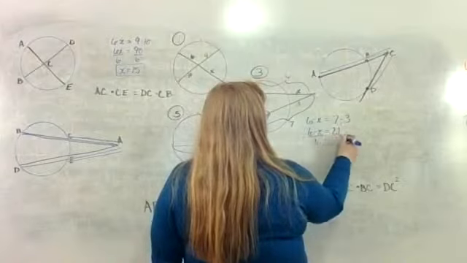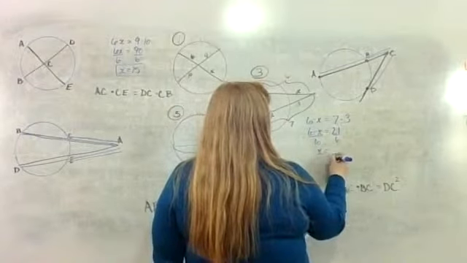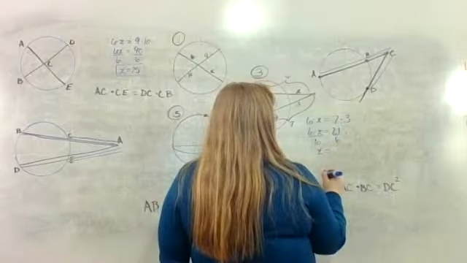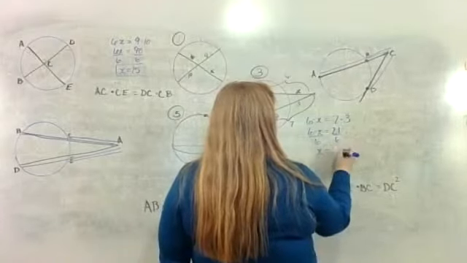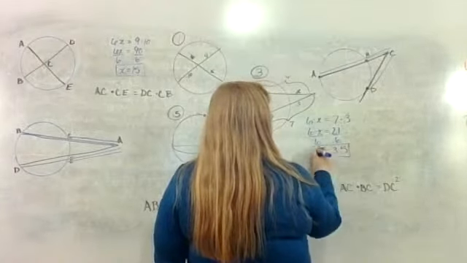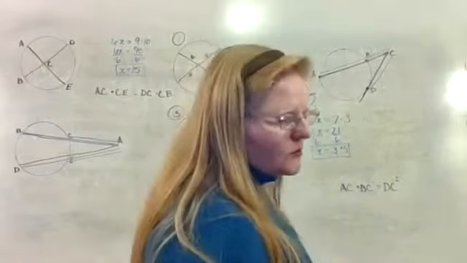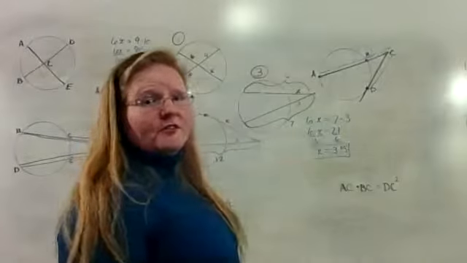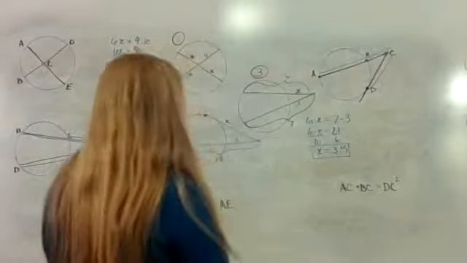Divide both sides by 6. X is equal to 3.5. I'm saying it's 3.5. They said 3.5. From memory, let me tell you.